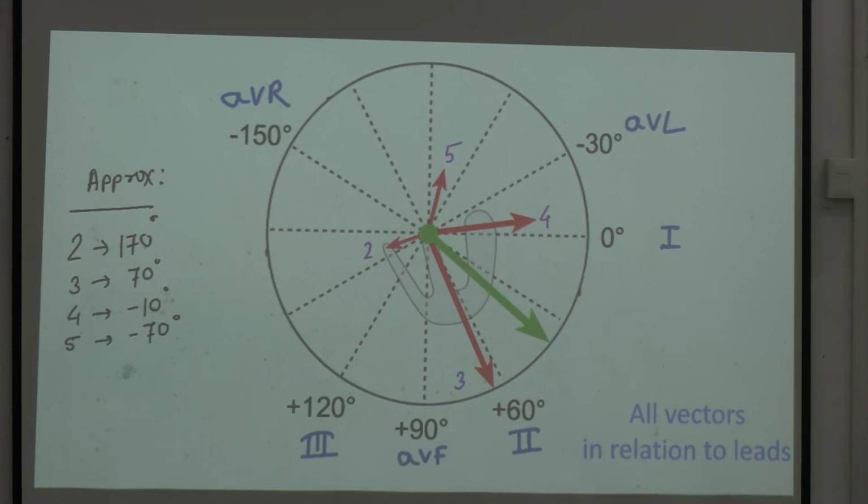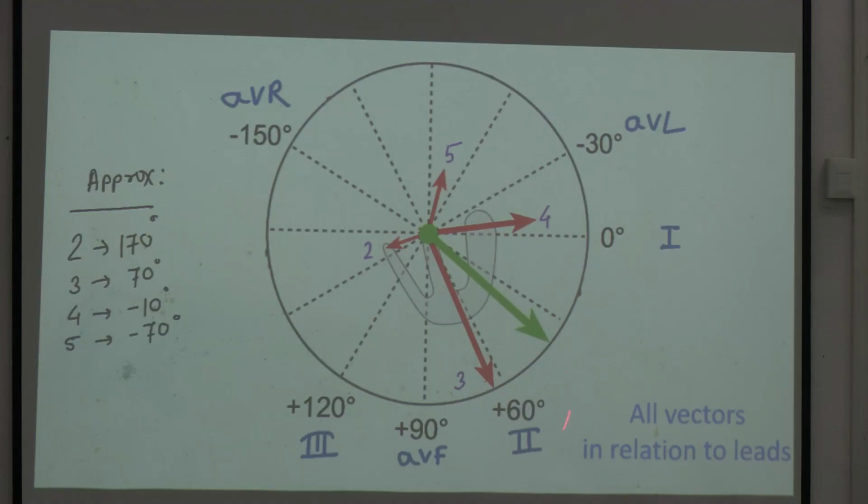Now in a conventional coronal plane, this is 0 degree and it rotates in this way. So what is the direction of lead 1? 0 degree. What is the direction of lead 2? 60 degree.